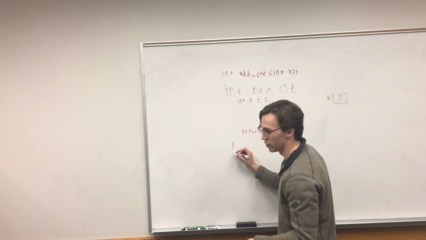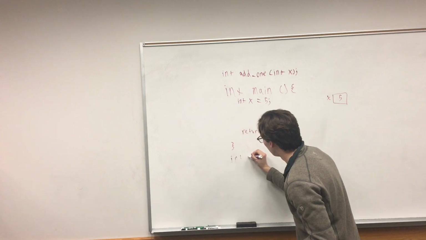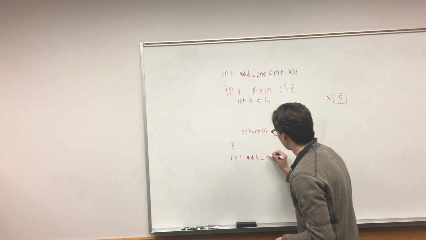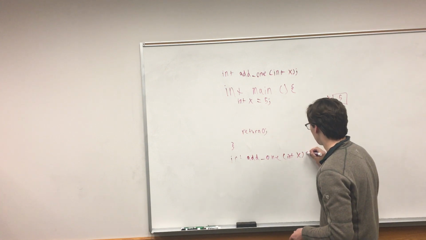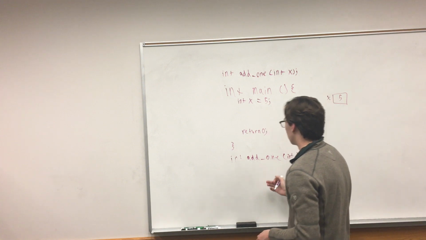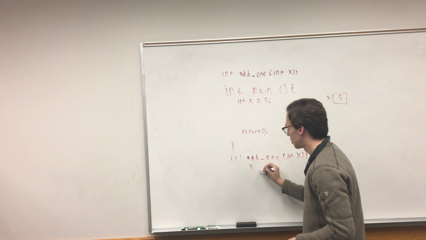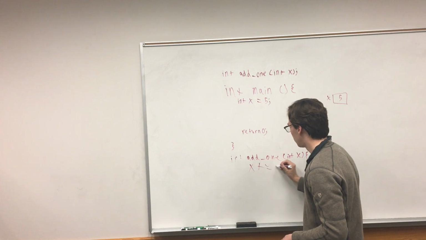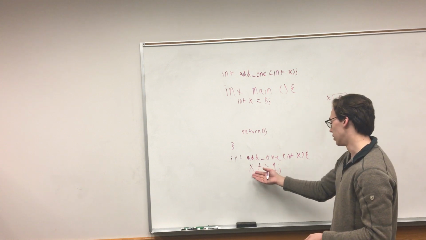This is where we actually write in the beef of the code. We have int add1 int x. All right. So for this add1, all we do is we simply have our parameter x, and we just plus equals 1. What this is going to do is just add 1 to this variable.